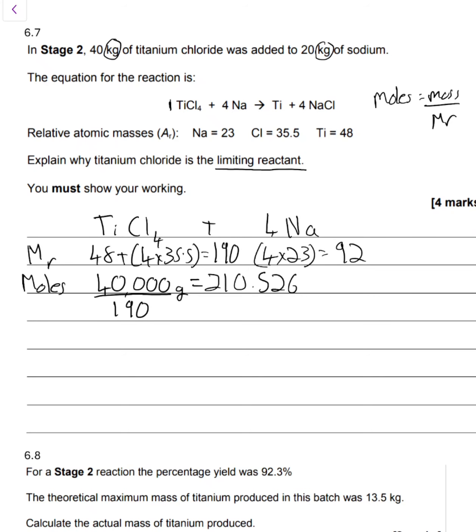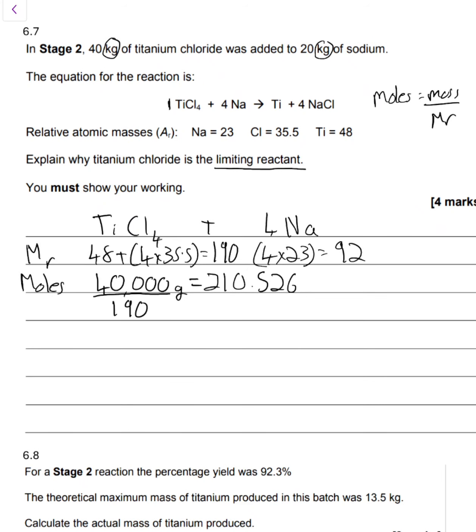So now I'm going to have sodium. Sodium's got 20,000 grams divided by 92, which is going to equal 217.391 moles.